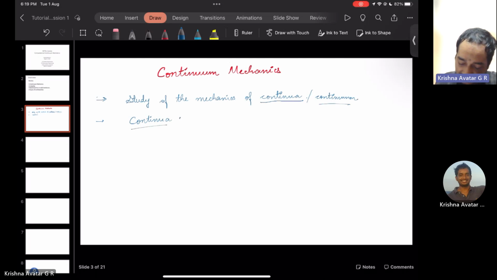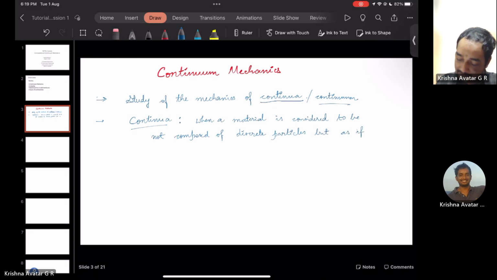Continua is essentially when a material is considered to be not composed of discrete particles, but as if it is formed of mass which is continuously distributed.